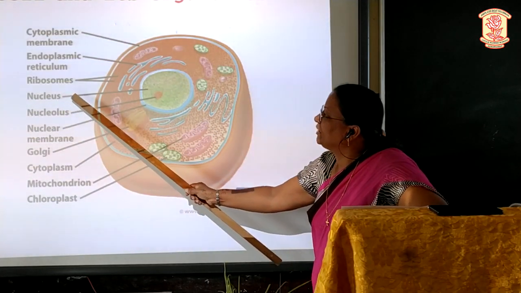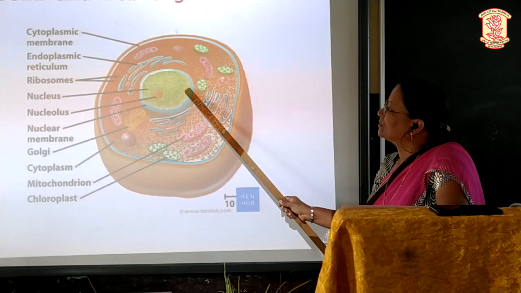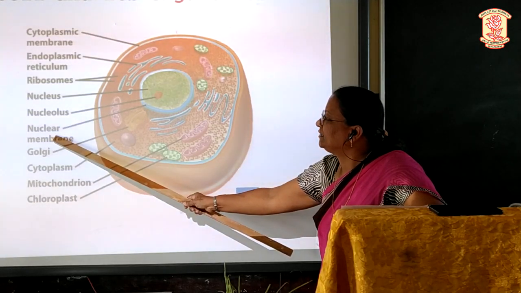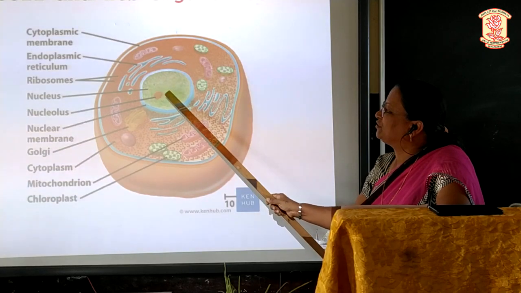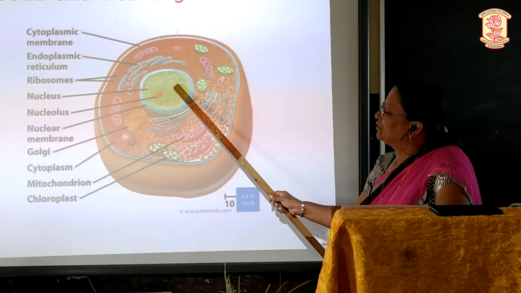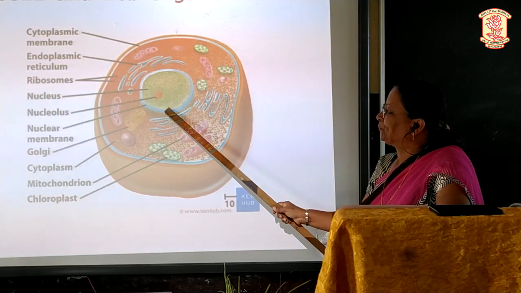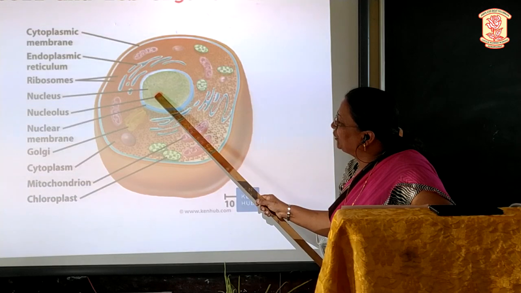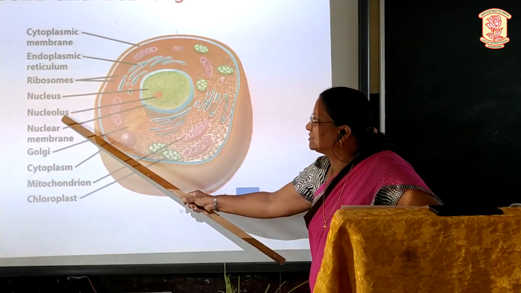So, the nucleus is made up of an outer covering which is called the nuclear membrane. Inside the nuclear membrane, again there is a fluid which is called the cytosol, in which you will find chromosomes embedded in it. Again you find a spherical body inside the nucleus which is called the nucleolus.